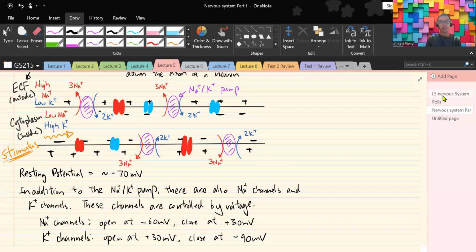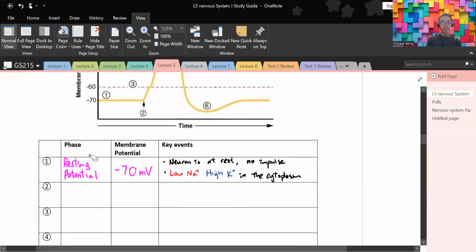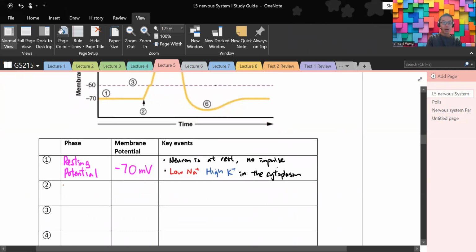Let's go back to our graph. Number 2, pointing at this point here, is when the stimulus arrives. Stimulus just means some kind of trigger. At this point, we are still sitting at minus 70.